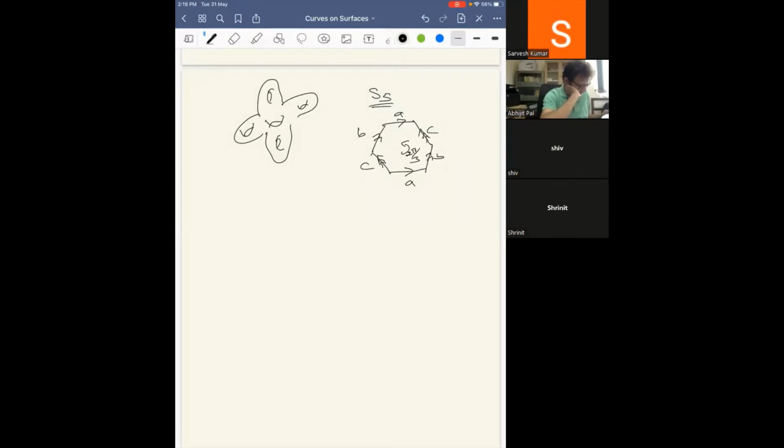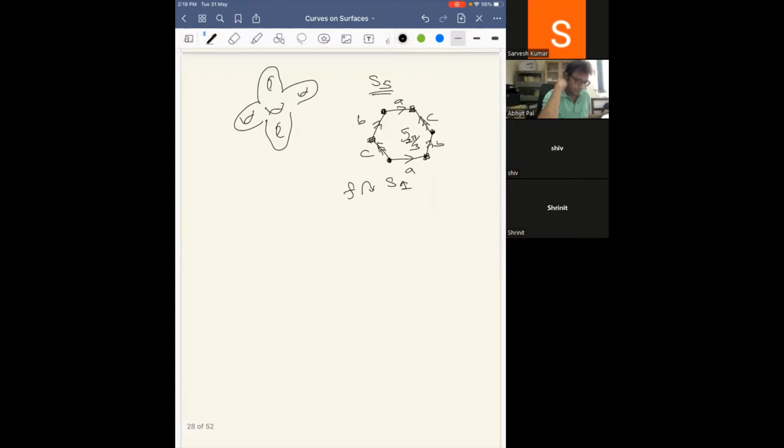Let me call it F, acting upon S1, just the torus. This gives you some kind of data. These vertices are mapping to vertices, and there are some angles associated. I cannot explain it right now, but this data is something like 1, 2, 2, 3, something, 1, 6.